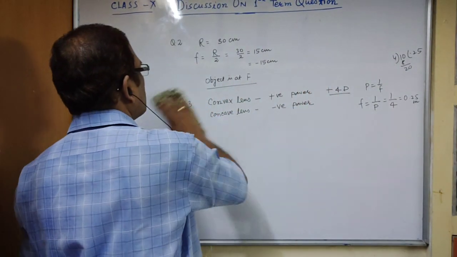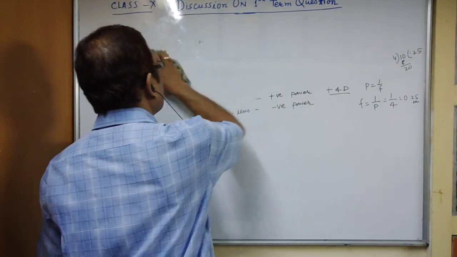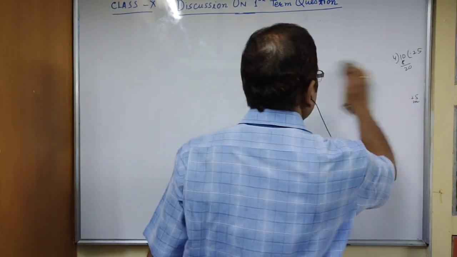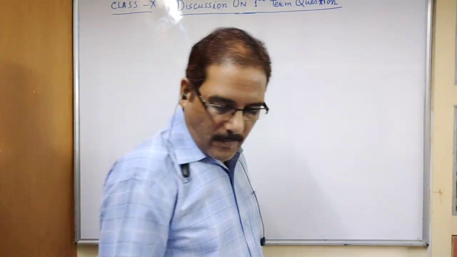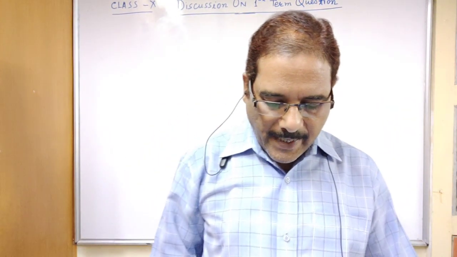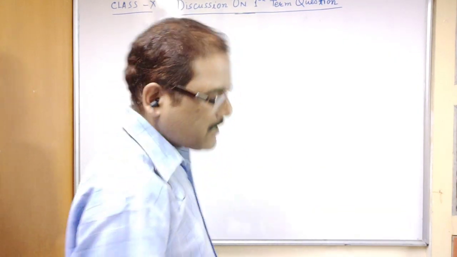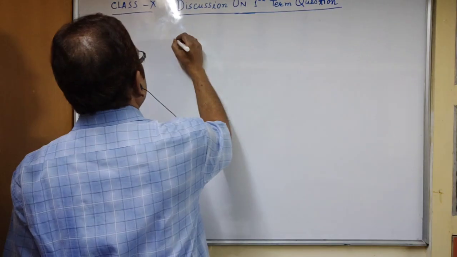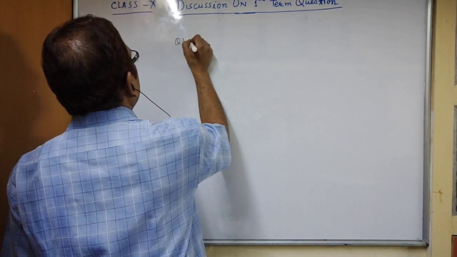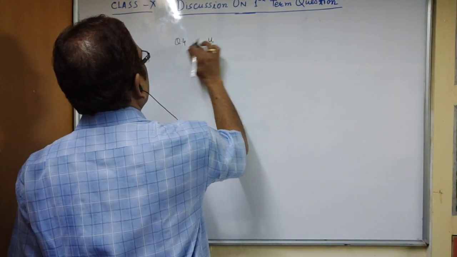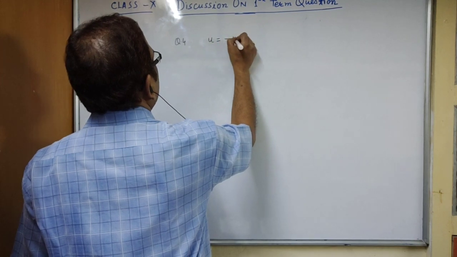The fourth question is: an object is placed at a distance of 10 centimeter from a convex mirror. So the object distance is given, minus 10 centimeter.